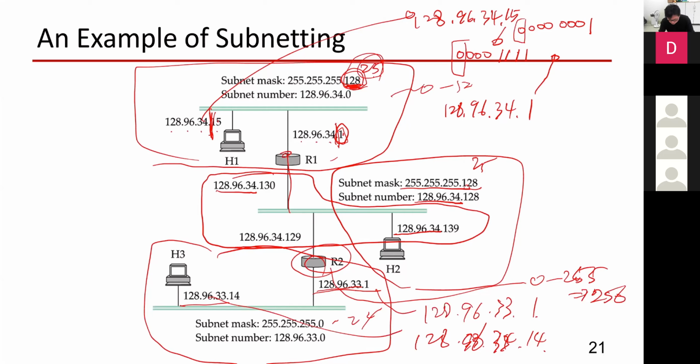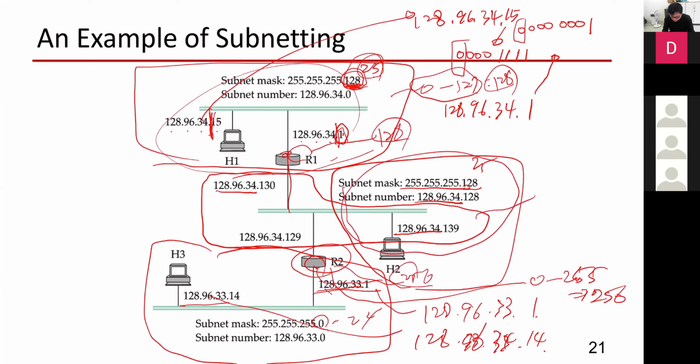So 0 to 127, because it's 128. So this network can handle up to 128 computers, this network can handle up to 256, and this network can handle 128 devices, based on your subnet network.